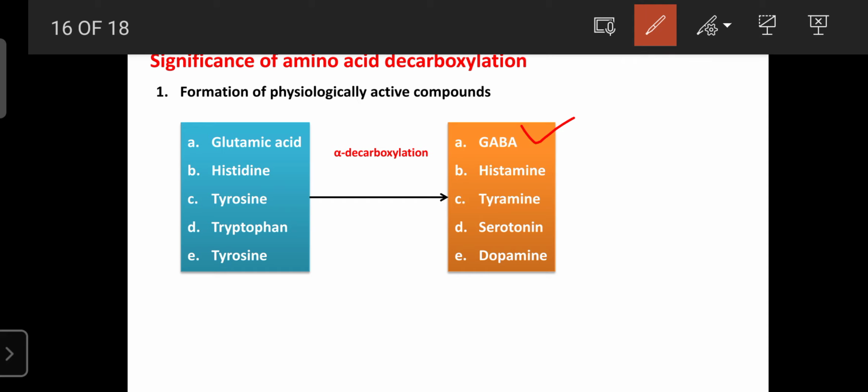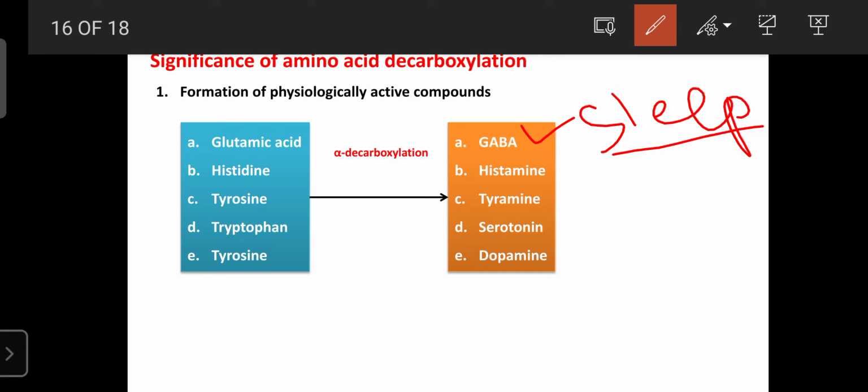It helps regulate sleep, helps relax the brain, and helps decrease the firing capacity of the brain. GABA is helpful in the treatment or avoidance of convulsions or epilepsy. If there is any problem in the formation of GABA, then persons suffer from abnormal sleep or insomnia, or from epilepsy.